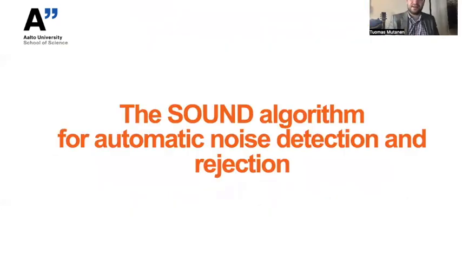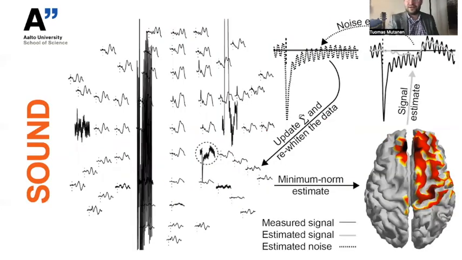The other method that we developed a couple of years ago that uses a very similar idea is the so-called SOUND algorithm. We are actually pretty excited about it. The idea is pretty simple. So we cross-validate all of our channels first by using this iterative inverse and forward computations, and we compare what kind of predictions we would get for each channel from the other channels and compare them to the measurements.